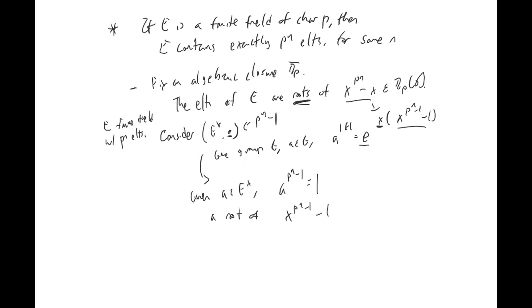If I told you, for example, x squared plus x plus 1, and I mod this out, the most you could say is this is Z mod 2Z adjoin alpha, where alpha is a root of this. We don't really have a name for alpha, as opposed to Q[x] quotient out x squared minus 2.